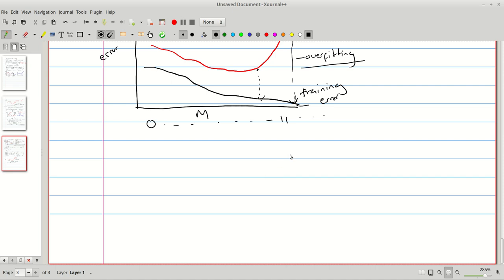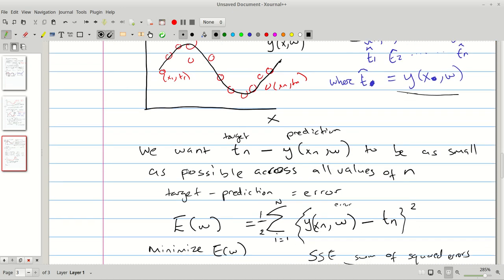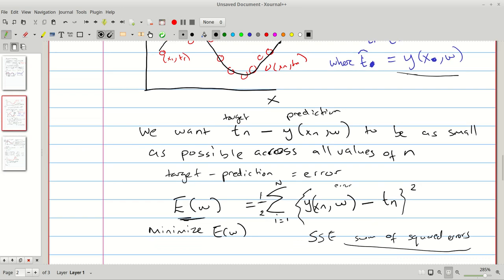So having said that, we call the error that we're computing the sum of squared error. There's also another version of this error called the root mean squared error. I'm just introducing this so that you're familiar with it. If you remember, we defined our error, E(w), that we wanted to minimize. This is a sum of squared errors.